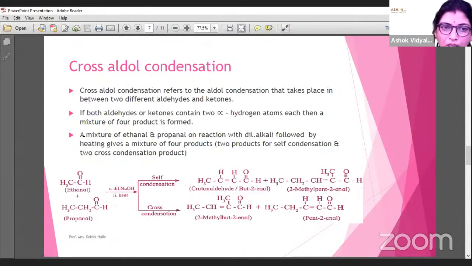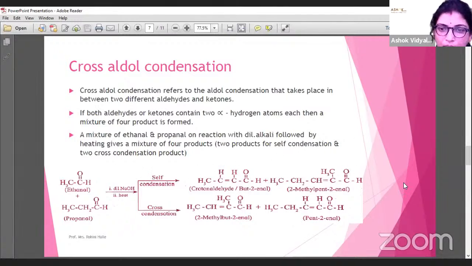See, in this reaction a mixture of ethanal and propanal, on reaction with dilute NaOH, which is a base used as a catalyst, followed by heating gives a mixture of 4 products. When heated, there is formation of 4 products: crotonaldehyde, 2-methyl pent-2-enal, 2-methyl but-2-enal and pent-2-enal.